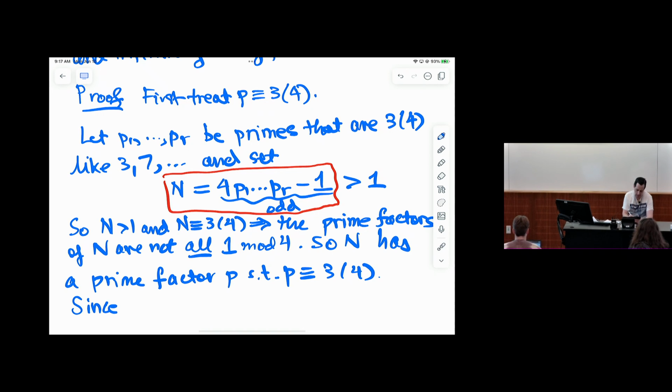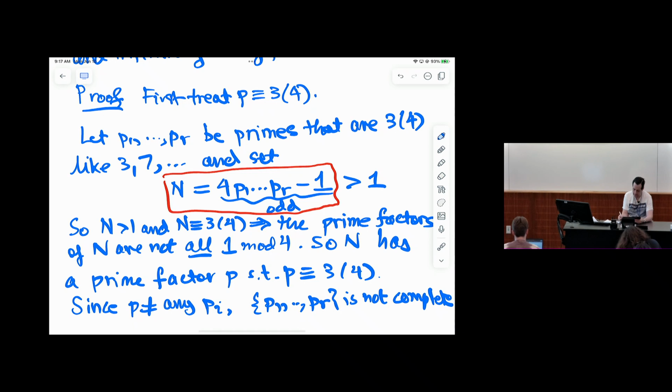And so since P is not equal to any PI, our list of primes that are 3 mod 4 is not complete. So there must be another one. In fact, we just found another one. And so thus there are infinitely many primes that are 3 mod 4. It looks just like Euclid's proof, a linear expression in the product chosen in a careful way.